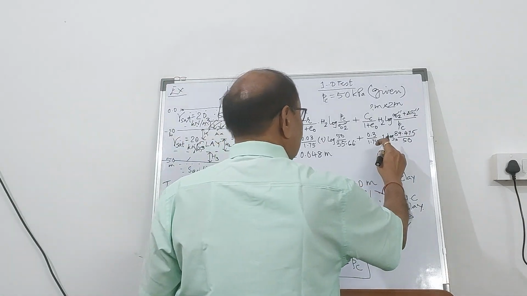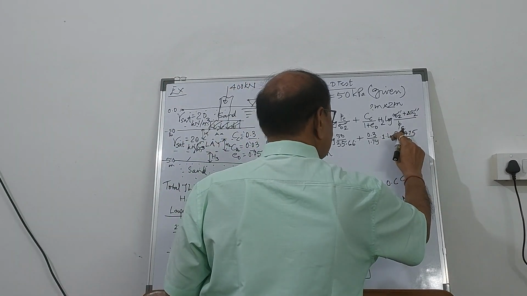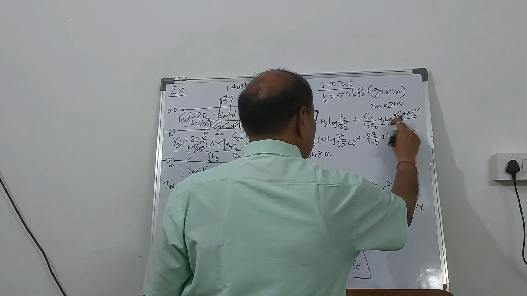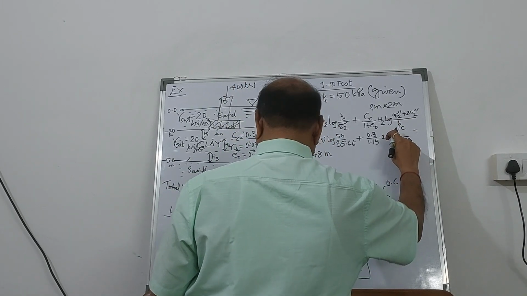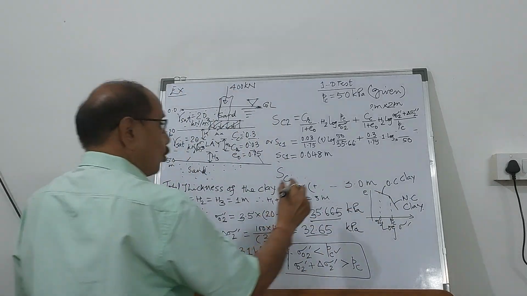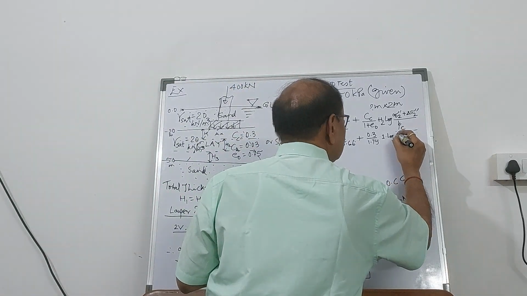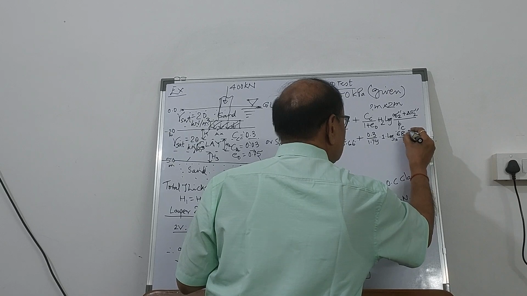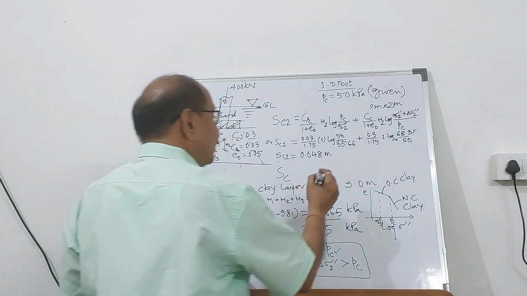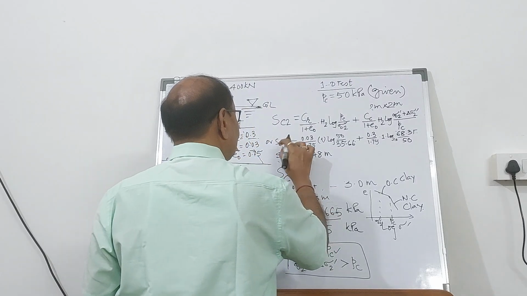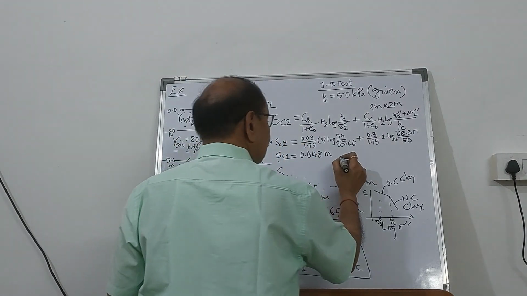Now here the sum total of this has to be changed, which is 68.31 divided by 50. Therefore, we can calculate SC2.